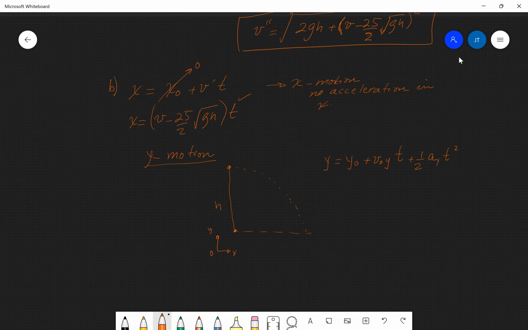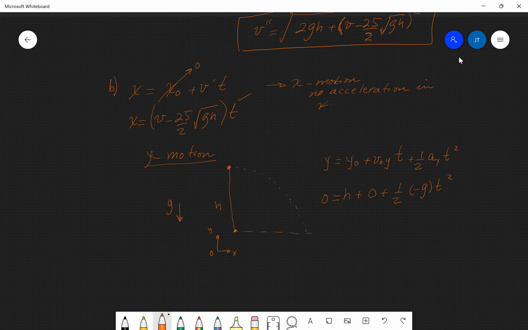Well, let's see. When the bullet hits the ground, y is 0. y0, what's the initial position of the bullet? It's h. I have no initial velocity in the y direction. And I have the acceleration in the y. Since I chose my axis this way, gravity is down, so it would be negative g times t squared.